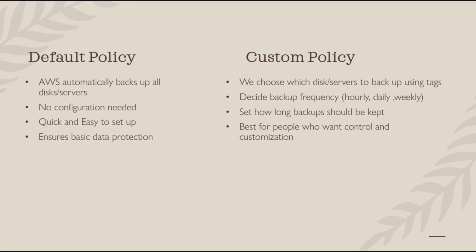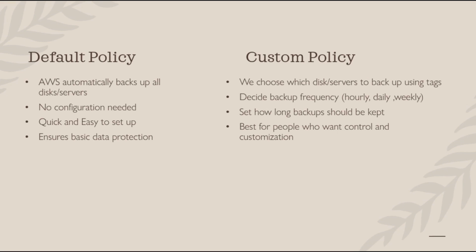And in the custom policy, the user will decide which EBS volume or EC2 instance should be backed up, and it will be done by using special names called tags. And they will also be able to decide the backup frequency, and they can decide the retention count also.